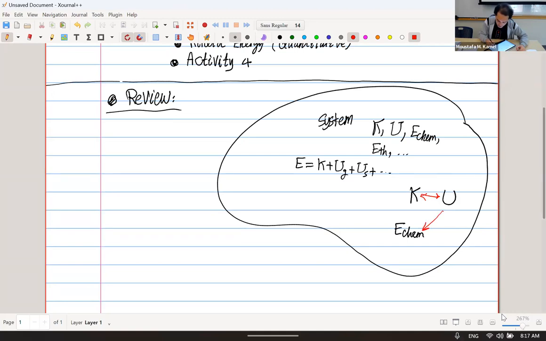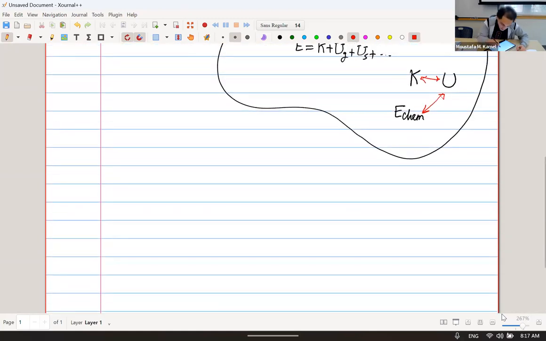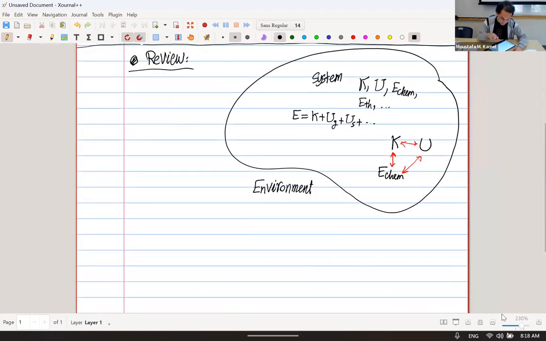Kinetic energy can be transformed into potential energy and the other way around. Chemical energy can be transformed into kinetic energy and vice versa. And then we have the environment, which is anything else that is not the system.